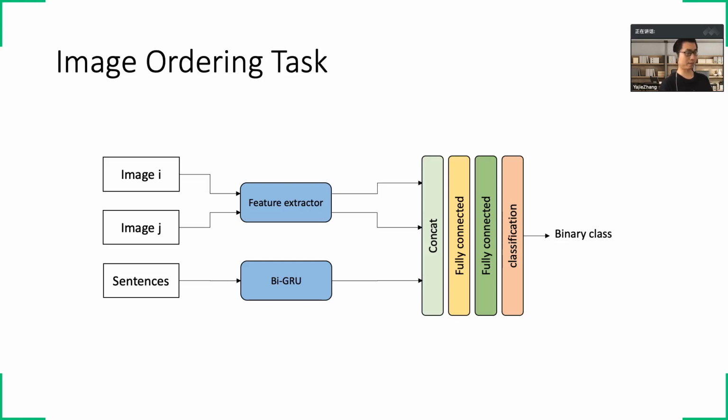The predicted binary class indicates whether image I is before or after image J. To construct the image pair input for our model, as described before, we have many images in each step, and we randomly select two images from two makeup steps in a video as an image pair.